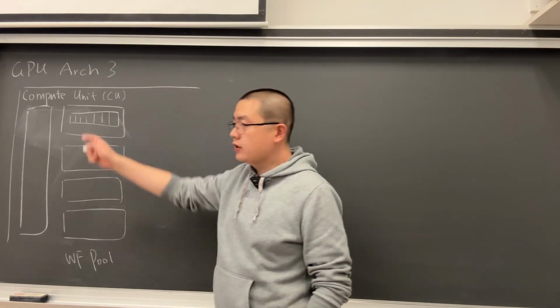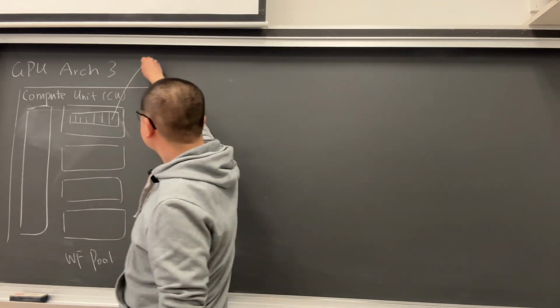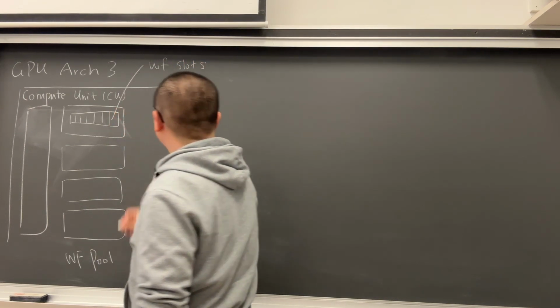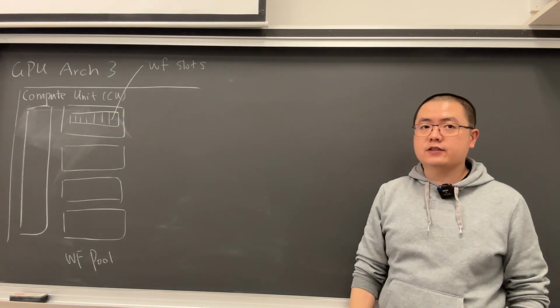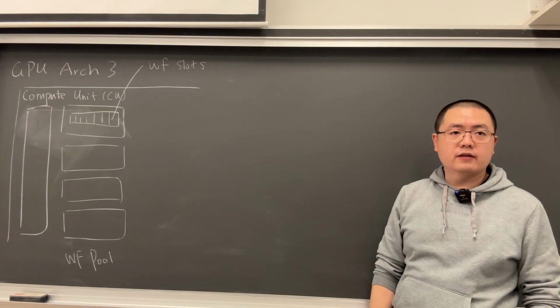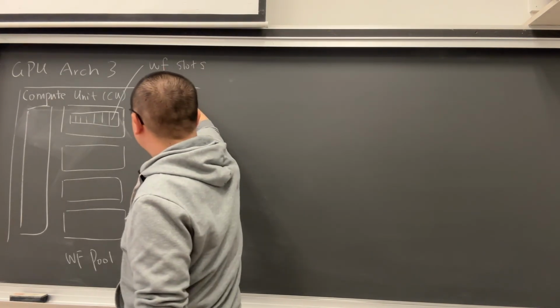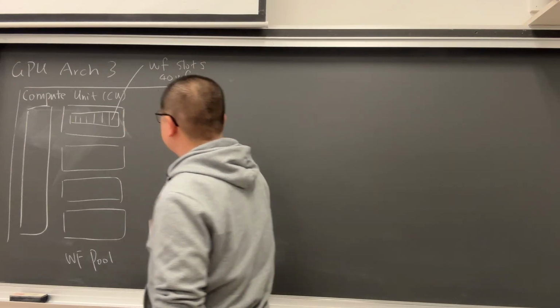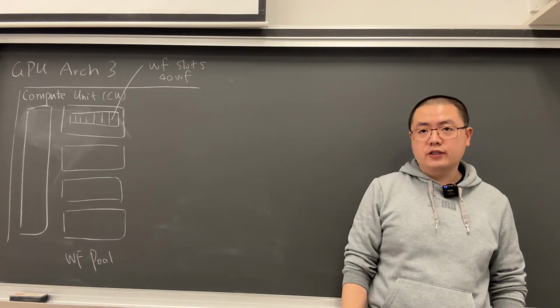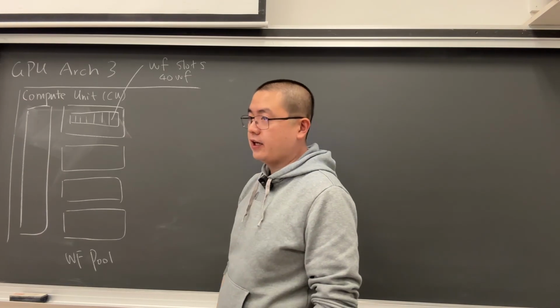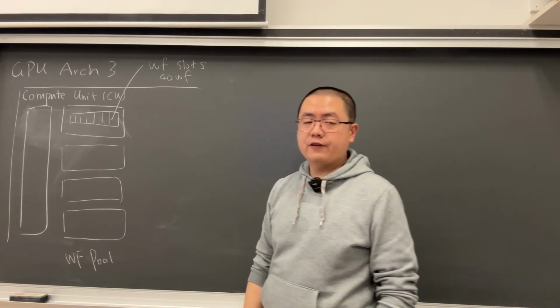Those are wavefront slots. We can assume that these wavefront slots are being occupied, so there are basically 40 wavefronts sitting there and waiting to be executed. Before an instruction can be executed, we need to first fetch it.